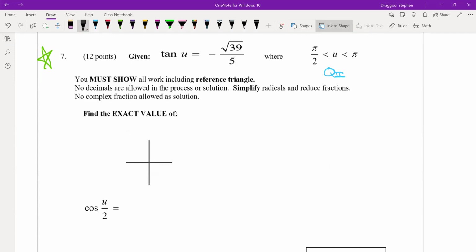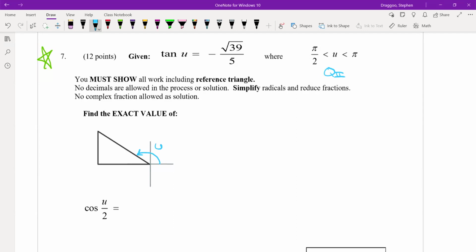Then I'll come through and draw a triangle. Maybe start by turning that gray. Line it up a little bit better. All right, u is that angle right there.